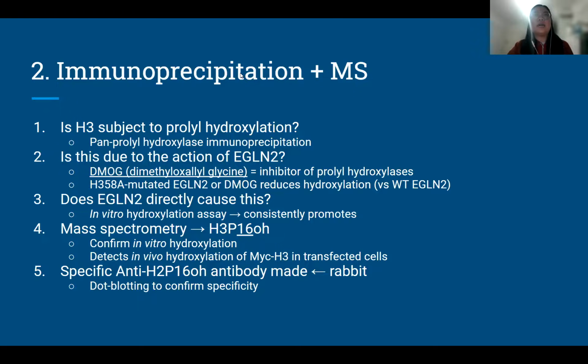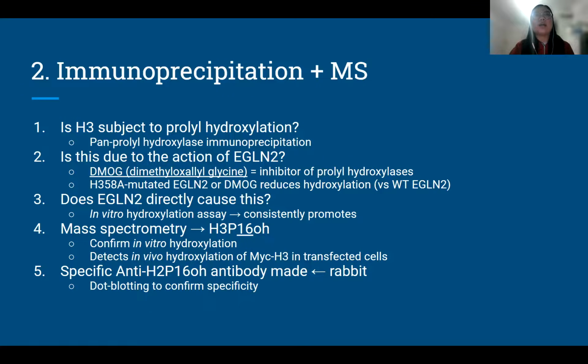Then we can see that they did an immunoprecipitation step, and they also did mass spectroscopy. After finding out that EGLN2 interacts and binds to H3, we have to find whether H3 is subject to proline hydroxylation.